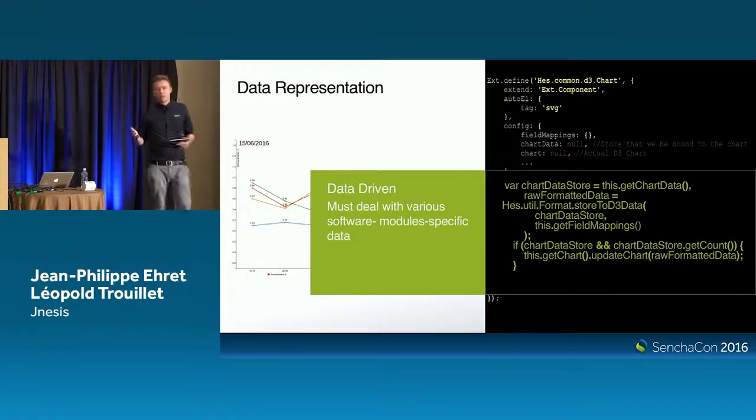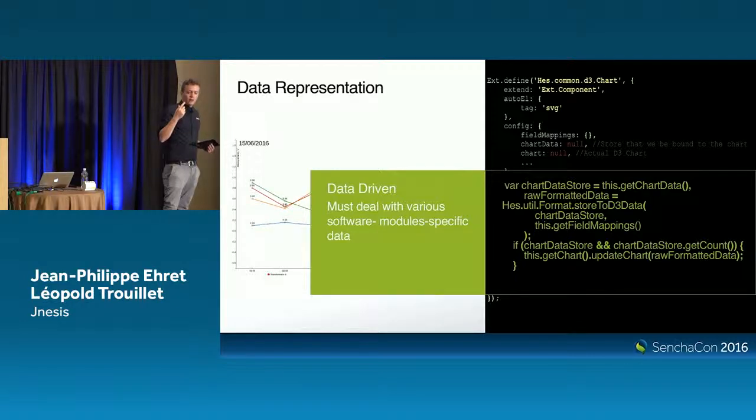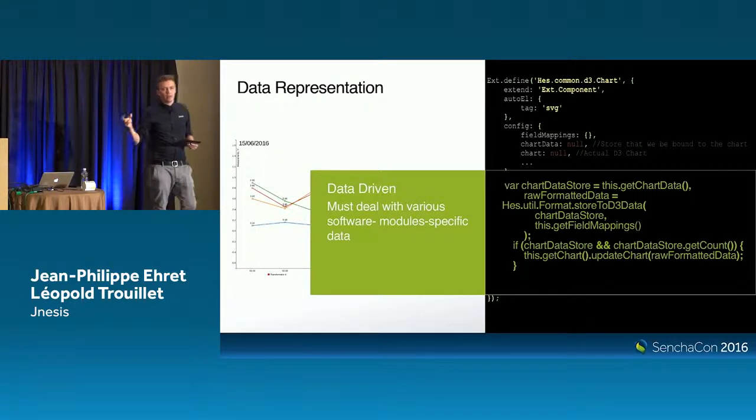So the main goal is that you go on d3js.org, you check for an example of a D3 chart, you take the code, you adapt it a little bit, of course, but you look at what kind of structure of data the D3 chart will expect, and you will be able to easily map what you've got as a structure in your store with what the D3JS chart expects.